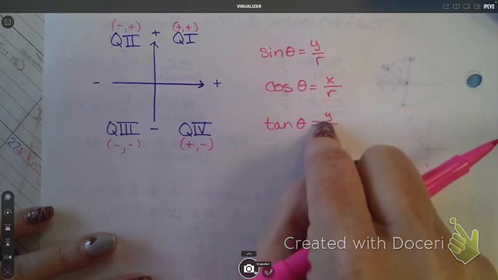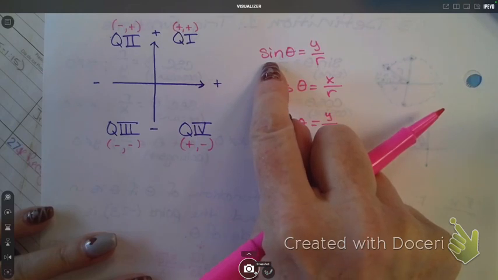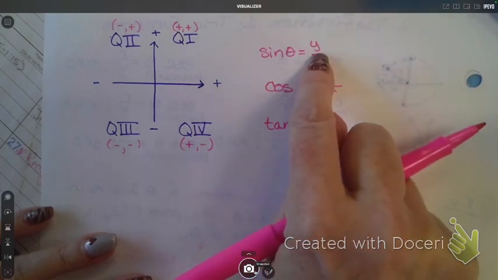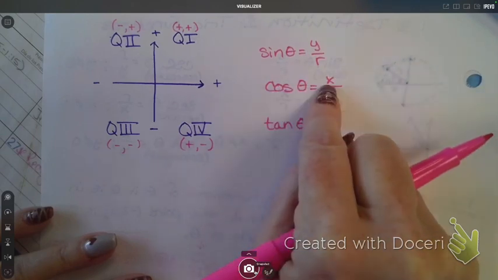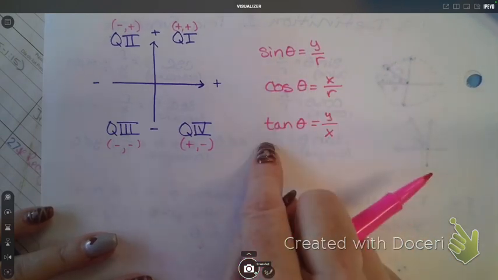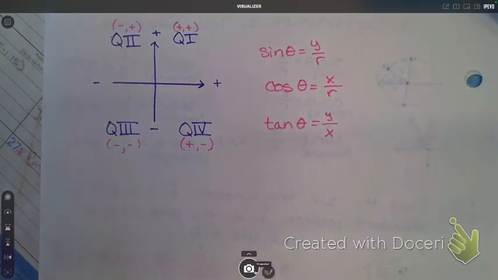Okay. When I talk about sine, I'm talking about which x or y? Y. When I'm talking about cosine, I'm talking about x. When I'm talking about tangent, I'm talking the ratio of y and x. So anytime I say sine, you should think what variable? Y. Anytime I say cosine, you should think x.